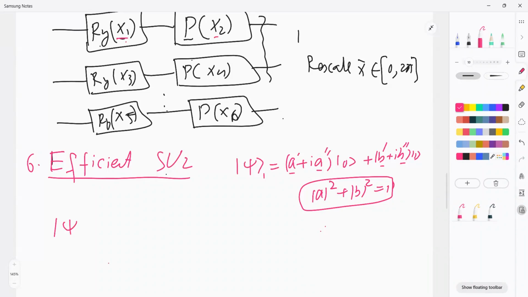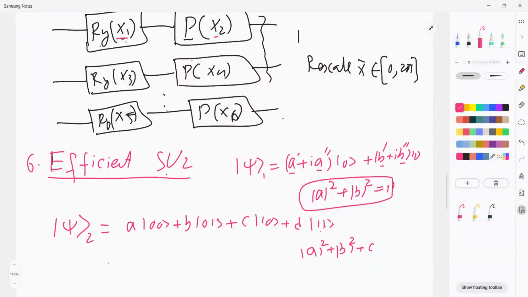Similarly, for a 2-qubit state, I can actually have 8 parameters, because we have four complex numbers, and all complex numbers have a real and imaginary part, so there are 8 parameters, and of course at the end there are only 7 independent parameters because of normalization. But usually, this additional restriction we are applying in many encoding schemes anyway.